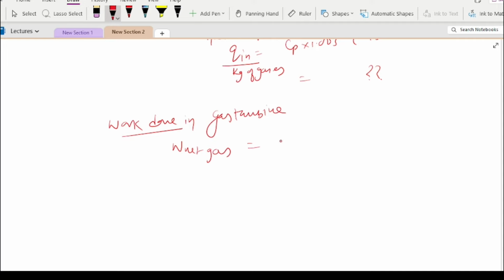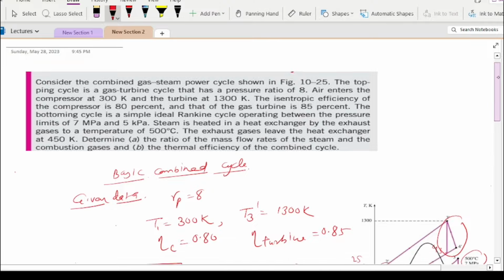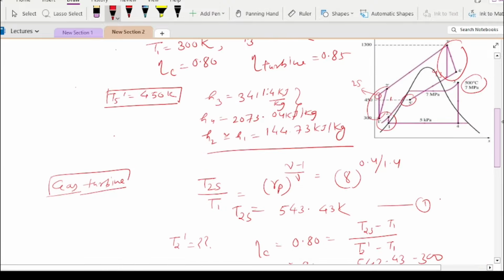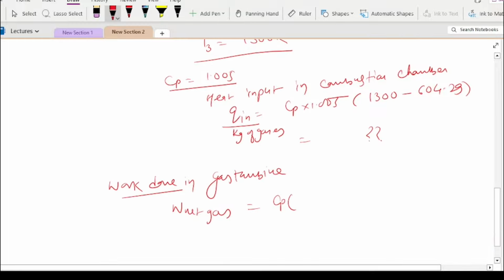It will be Cp into T3 dash minus T4 dash, minus Cp into T2 dash minus T1.